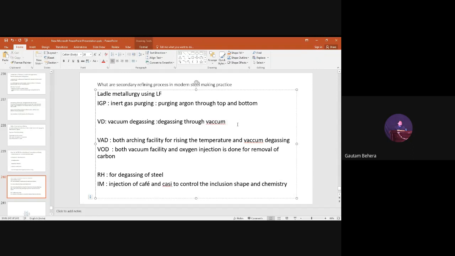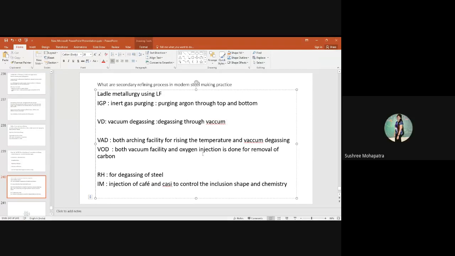So can you people tell me what is the relationship between the partial pressure and the solubility? Do you people know about Sievert's law? Anybody remember Sievert's law? How many of you remember Sievert's law?